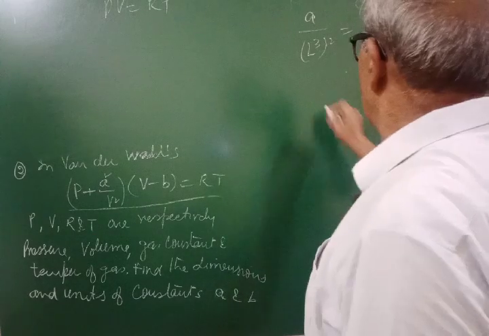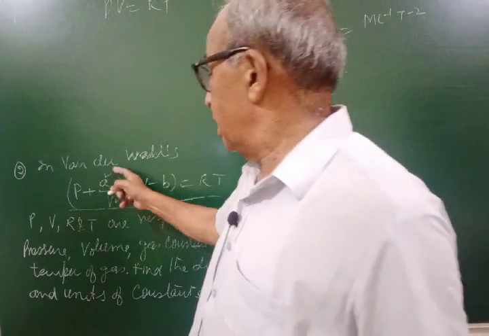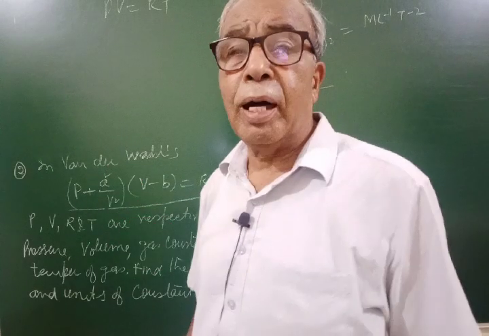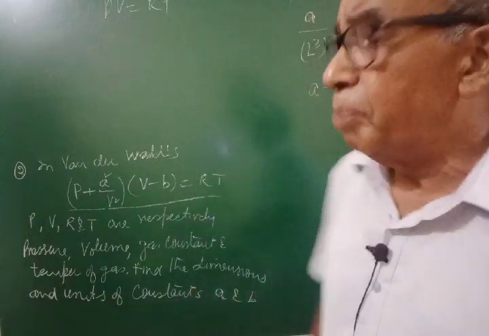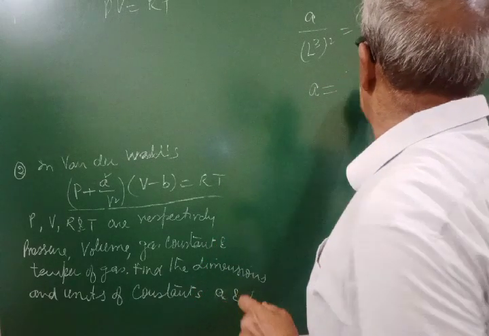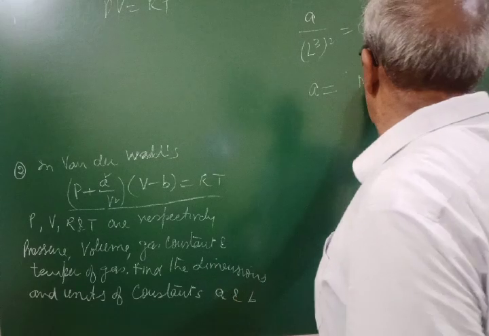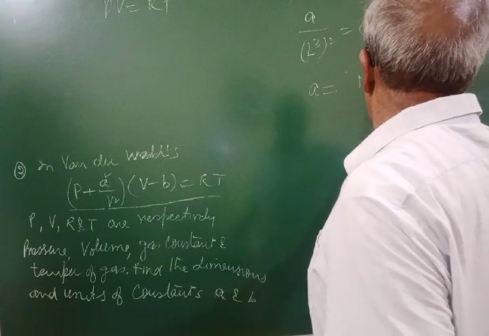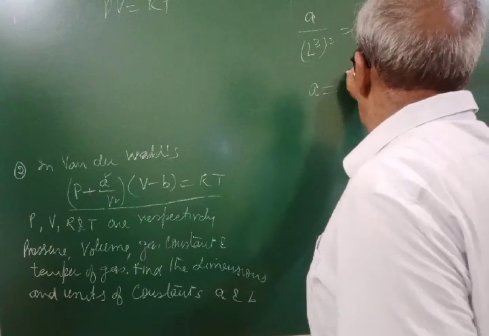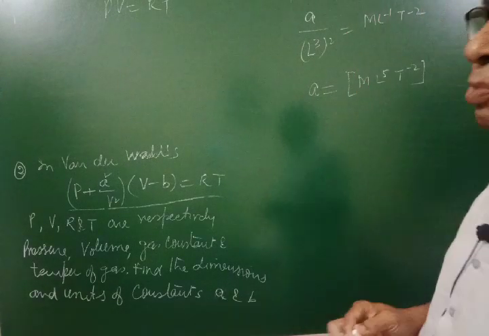So simple. A upon V square also represents pressure, because you can add pressure with pressure. And from here you get A equal to M L^5 T^-2.